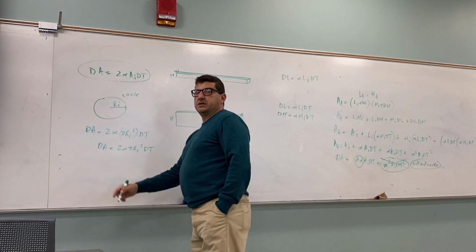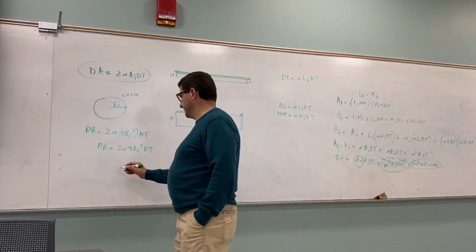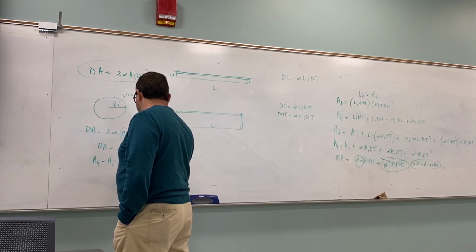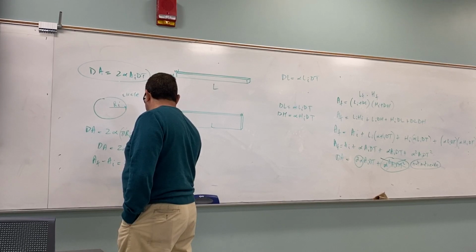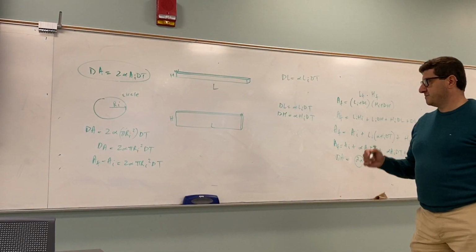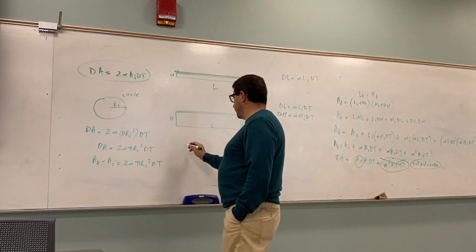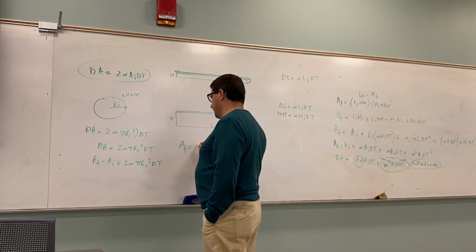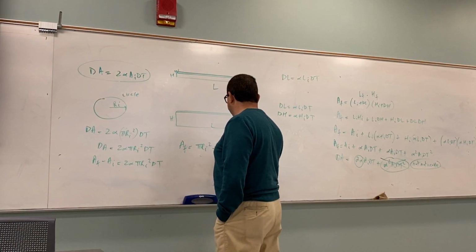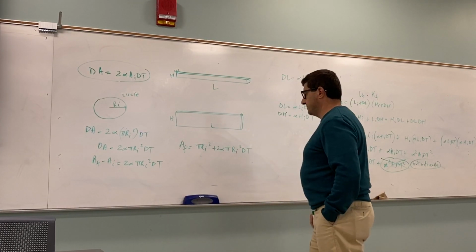But then remember, delta A is A final minus A initial. But then what's A initial? Yeah, A initial is pi r squared, right? So then A final is going to be pi r initial squared plus 2 alpha pi r initial squared delta T. You see?